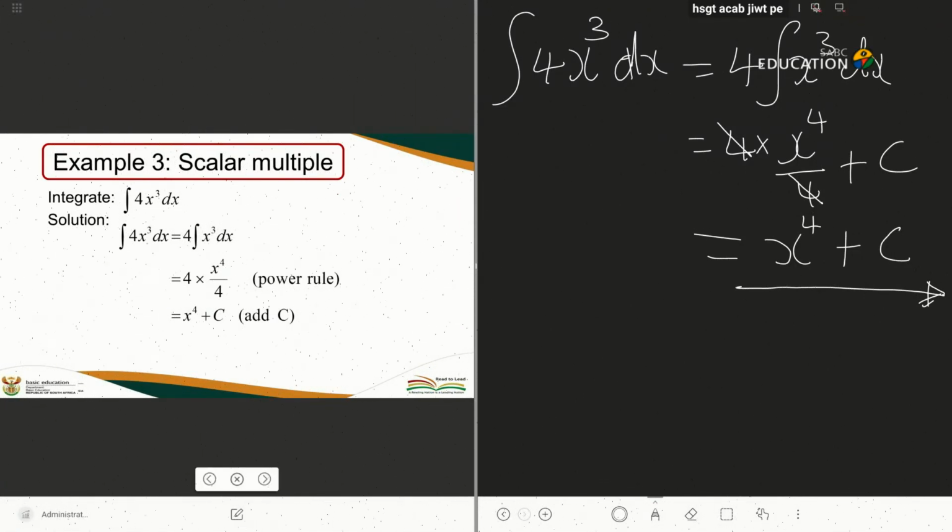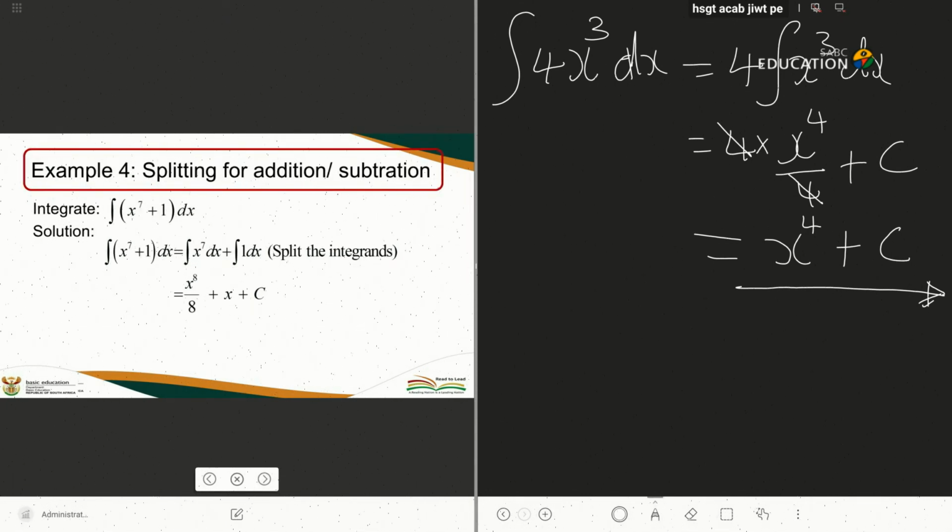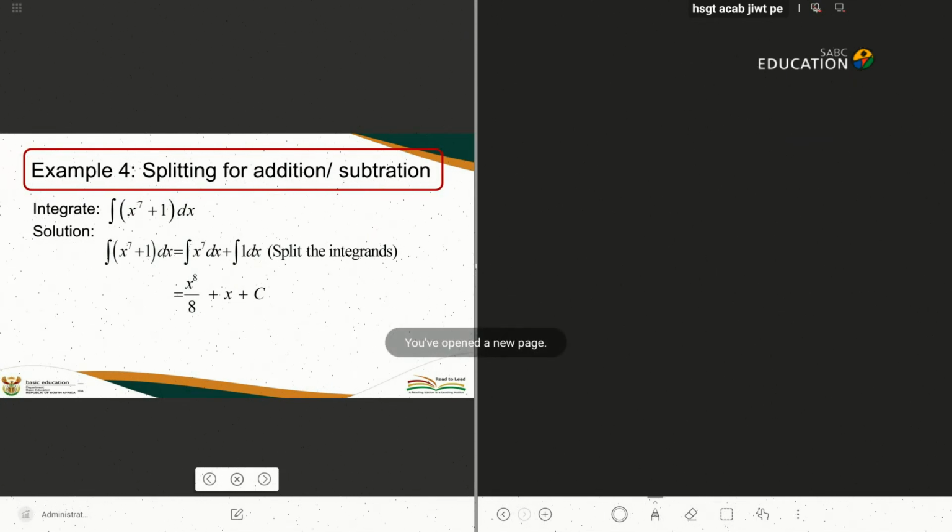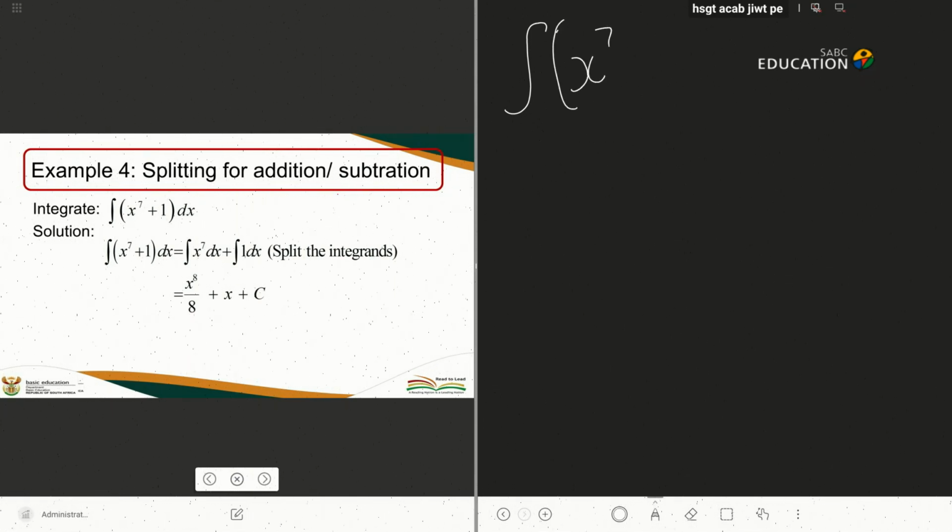Then let's look at the other example, where now we are applying the addition or subtraction rule. You are given the integral of x to the exponent of 7 plus 1 dx.